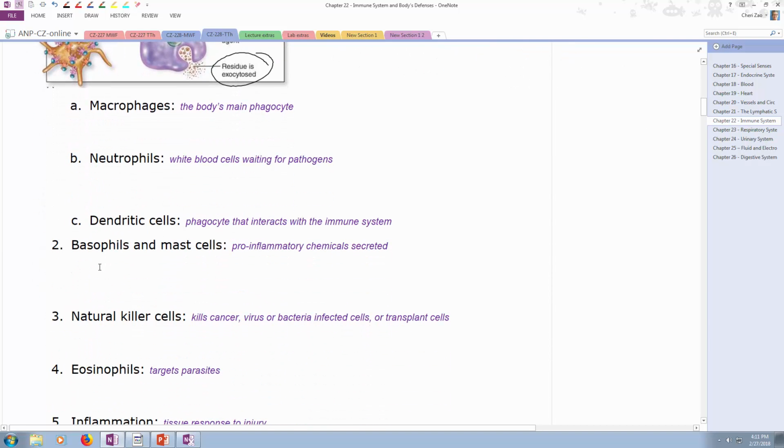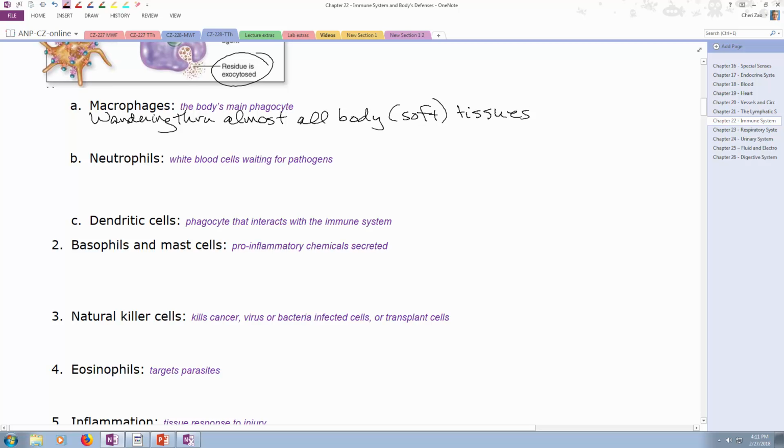So we'll fill in some notes here on macrophages, body's main phagocyte, wandering through almost all body tissues. And I'll say soft. You don't find them wandering through bone or cartilage and things along that line, though they will be in the perimeter.